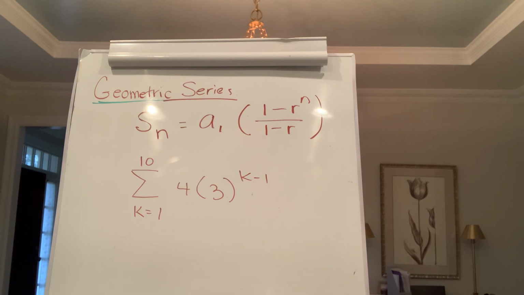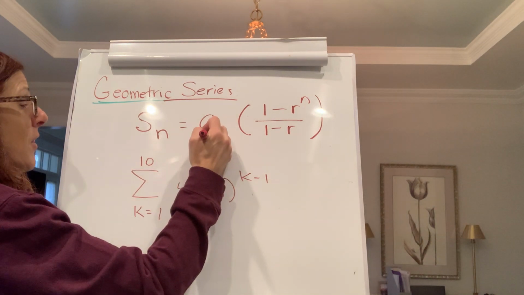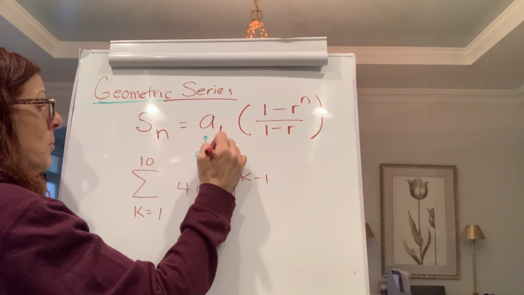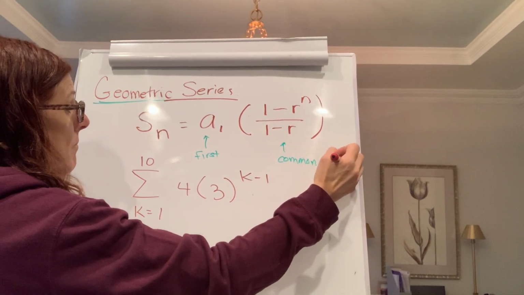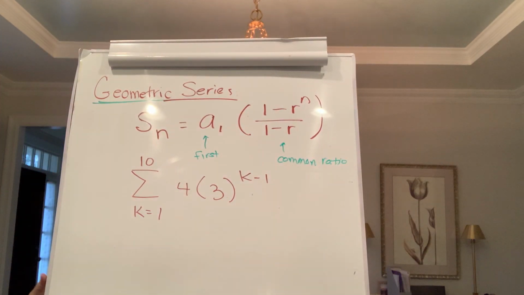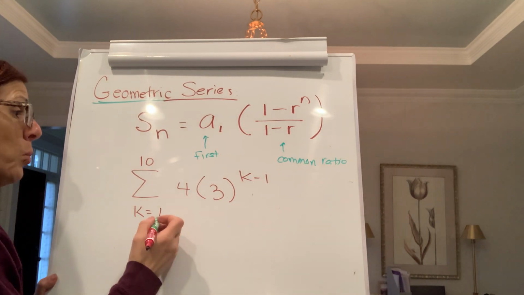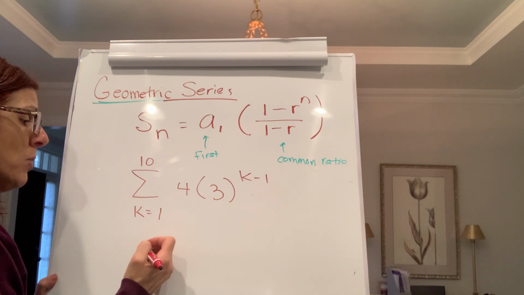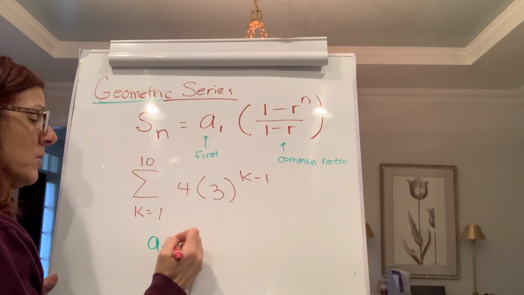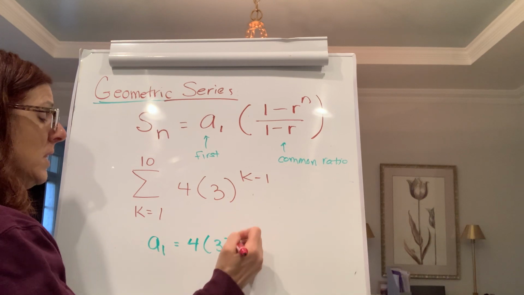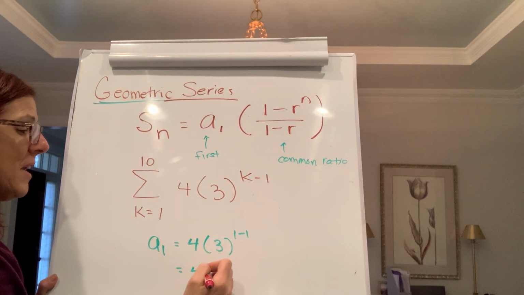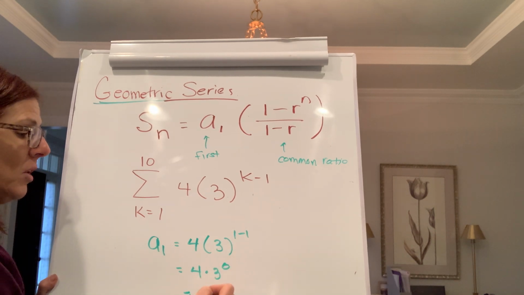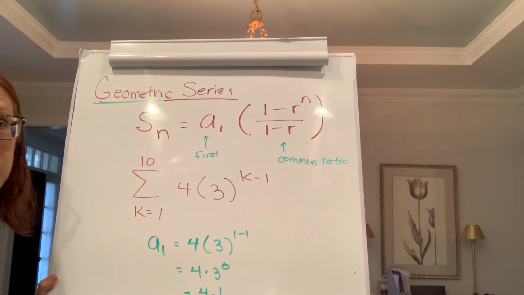So in order to find this sum, the things we need to know are the first term and the common ratio. From this formula right here, if I plug in 1, I will find the first term. So a sub 1 is going to equal 4 times 3 to the 1 minus 1, which is 4 times 3 to the 0 power, which is 4 times 1, or 4.